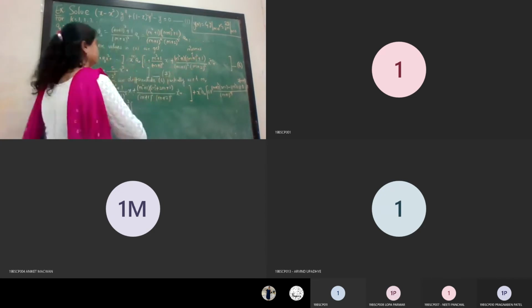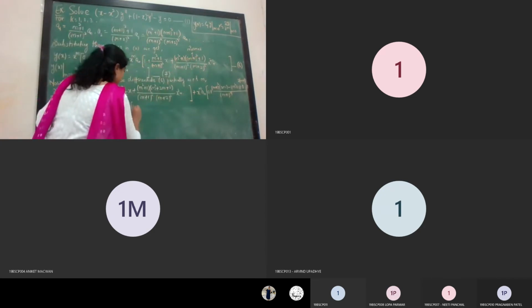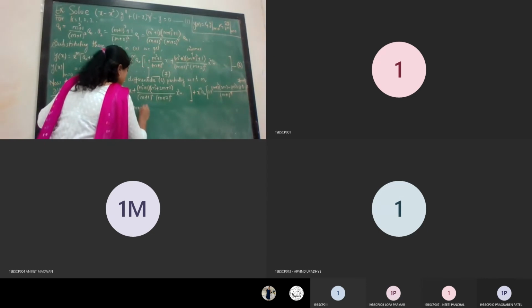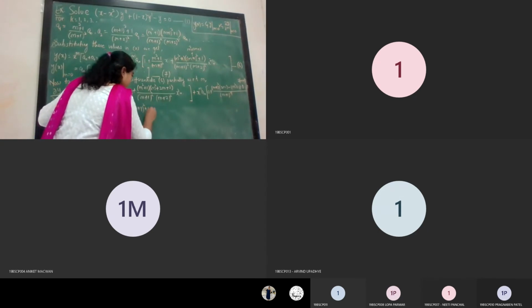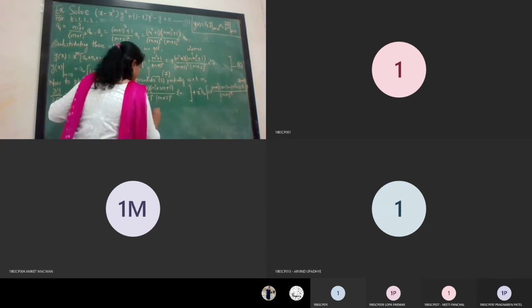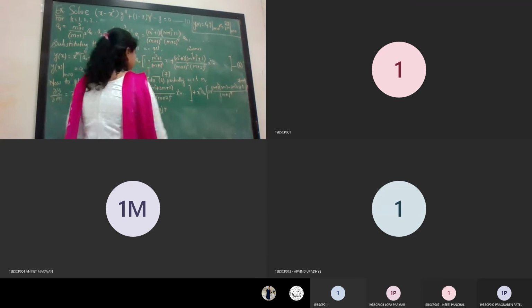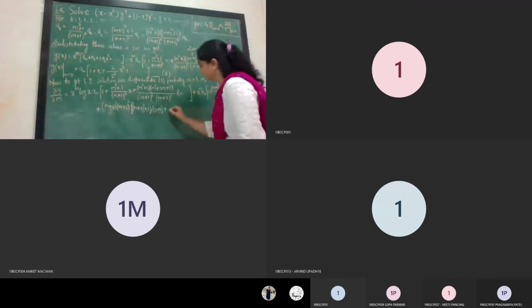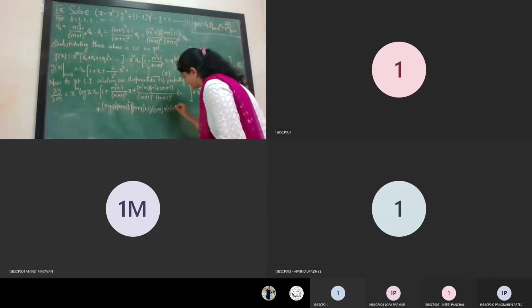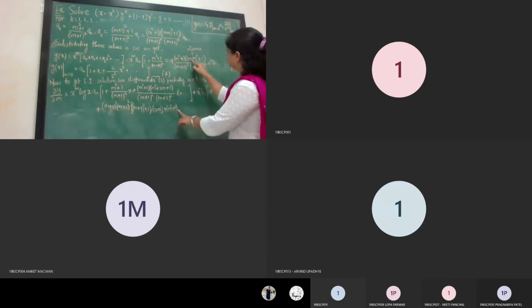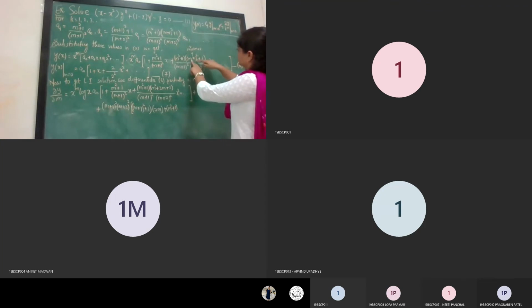So let us apply this rule, considering first (m plus 1) whole square plus 1 term as it is into the derivative of m square plus 1, that is 2m, plus now this term as it is. So m square plus 1 as it is, and the derivative of this is 2 times (m plus 1), and this is 0 now.